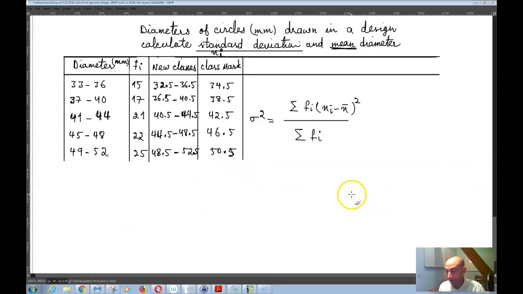Now, what I need to do, this is of course not deviance, but variance. This is called variance.